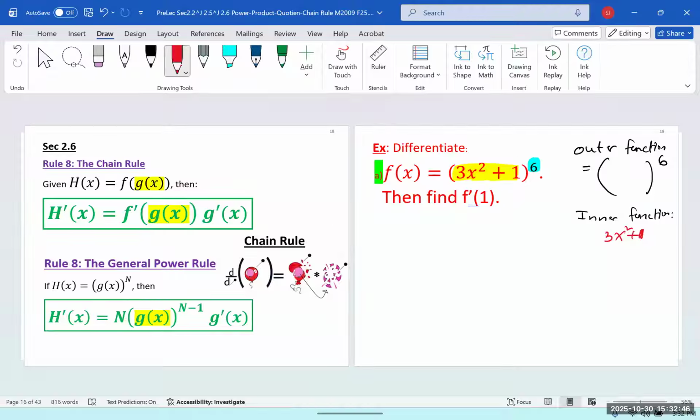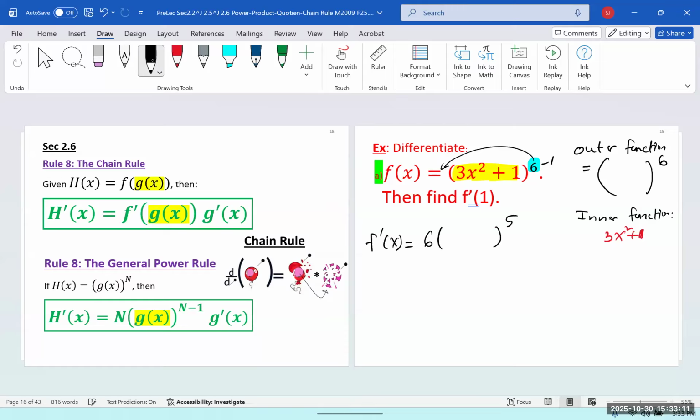So the rule says, since the power is the outer function, use the power rule. So f prime of x. What's the power rule for the power 6? 6 comes down, right? 6 minus 1.